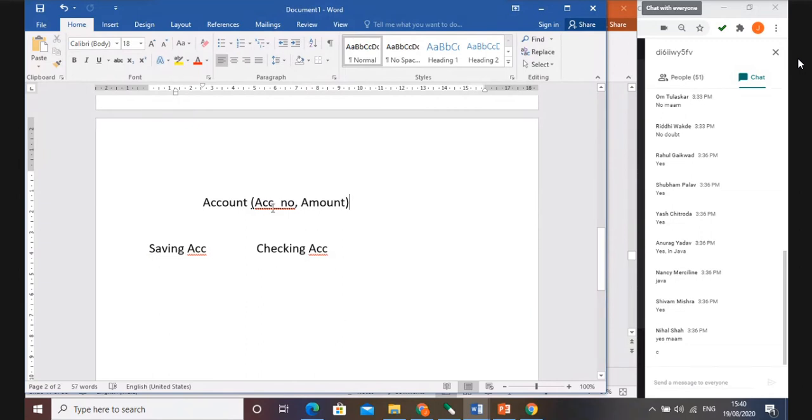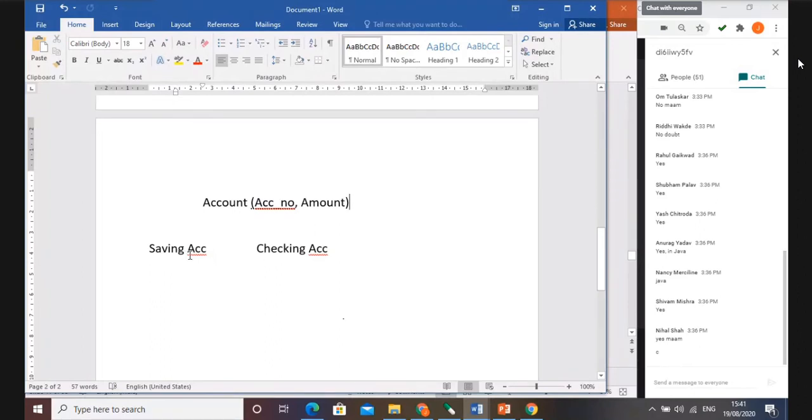Saving account also has account number, checking account also has account number, saving account will also have some amount, checking account will also have some amount. That is, all the properties of your parent class are properties or attributes of your subclasses. But there is one special attribute with these subclasses which is not common between these two subclasses.